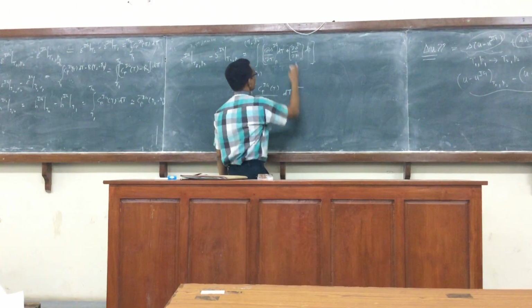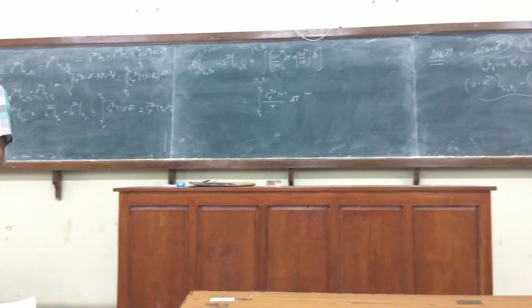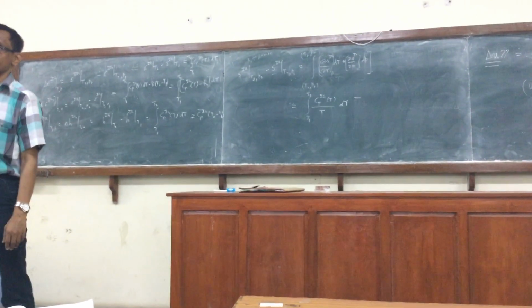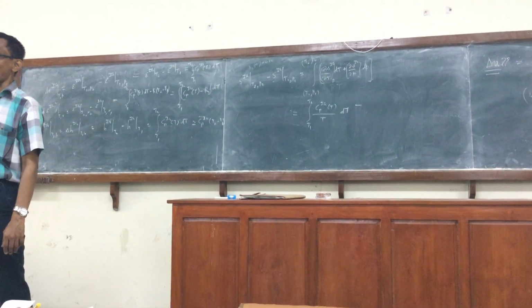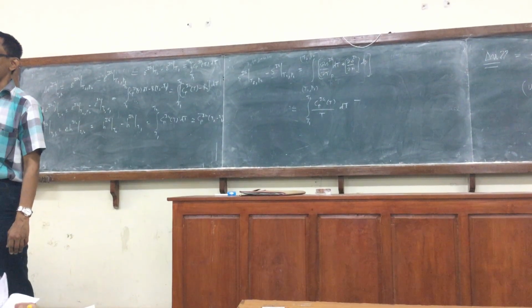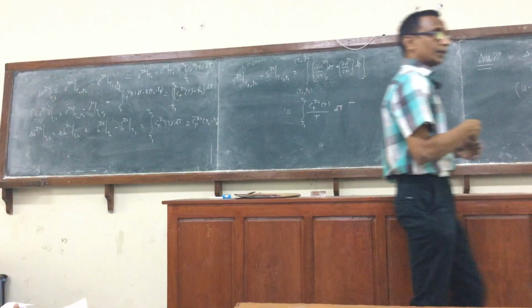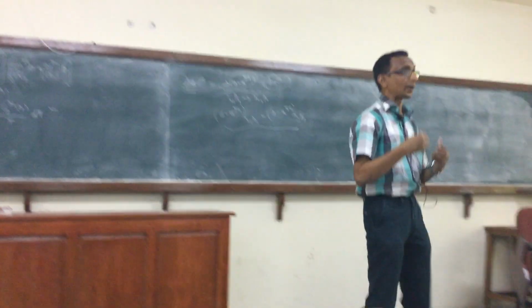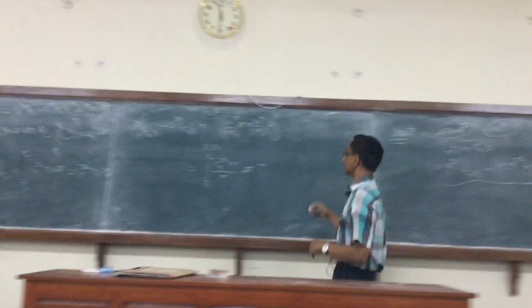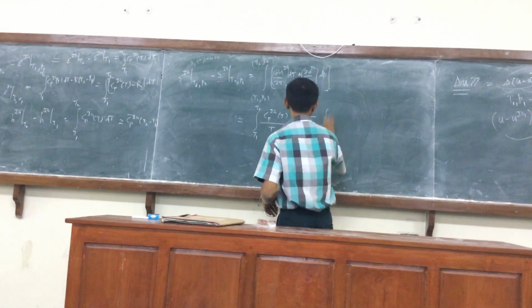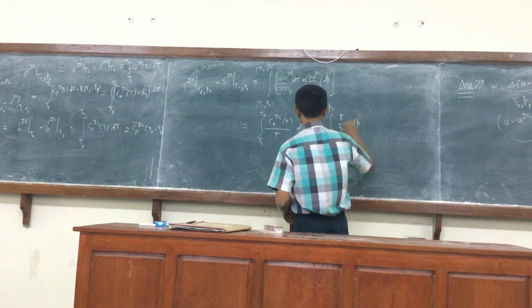Now, what is ds by dP for the ideal gas? Two important Maxwell's relations you should try to remember. ds by dP is minus dv by dT for any substance. So for the ideal gas that would be minus integral P1 to P2 R over P dP.